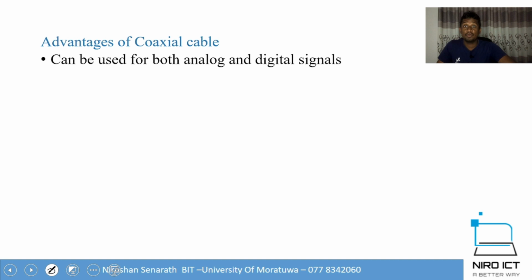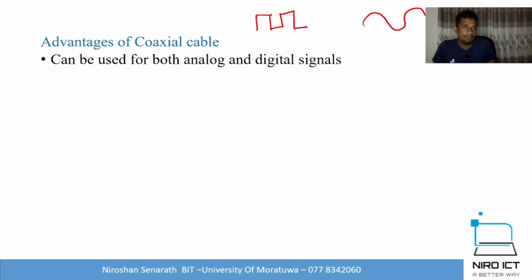Then let's see what the advantages of coaxial cable are. It can be used for both analog and digital signals, right? I think you know these are called digital signals and these are called analog signals, right? These types of cables transmit both analog and digital signals.